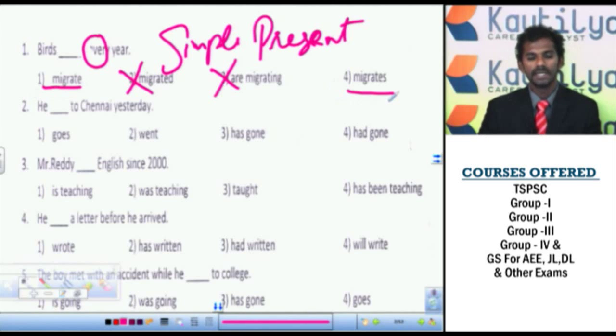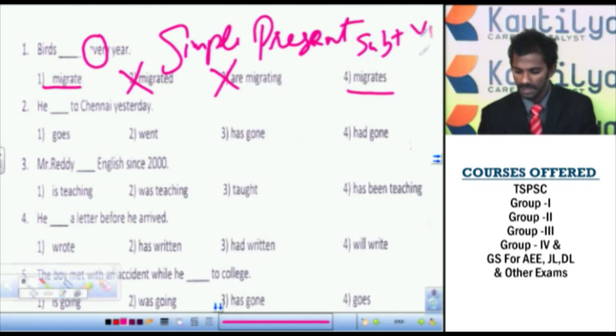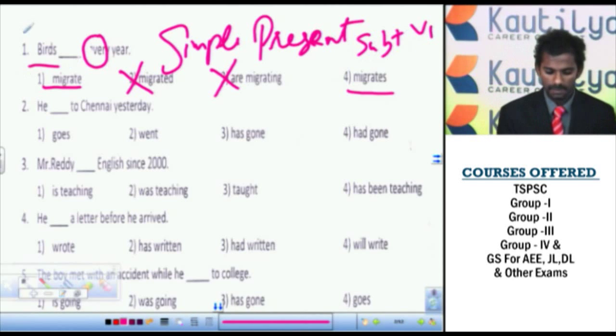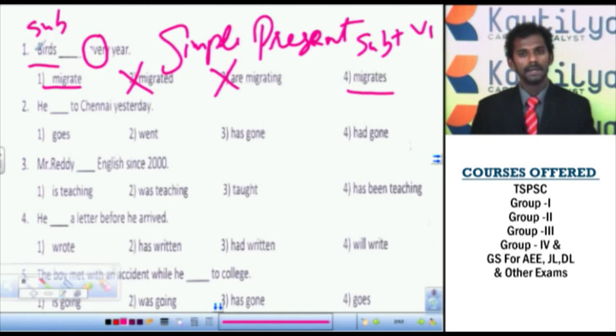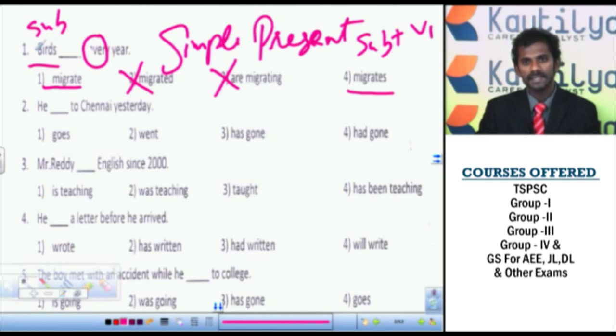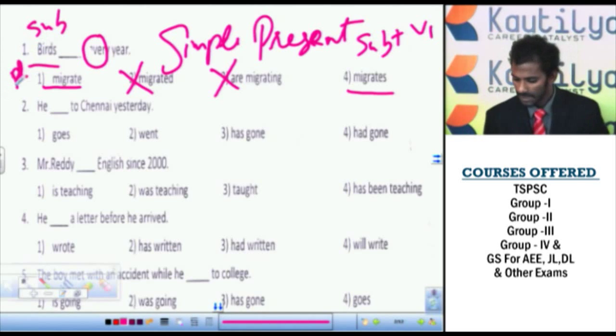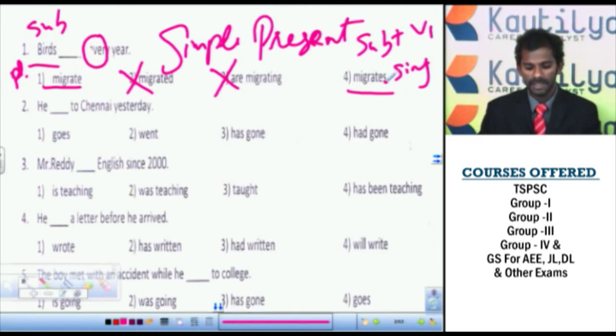Both are V1. What is the rule of simple present tense? The rule of simple present tense is subject plus V1, and V1 is the present form of the verb. Clear? The subject in this sentence is birds. "Migrate" is V1, "migrates" is also V1. The only difference is that "migrate" is plural and "migrates" is singular because of the S. Now, as you know, the basic rule of subject-verb agreement is if the subject is singular, the verb must also be singular.